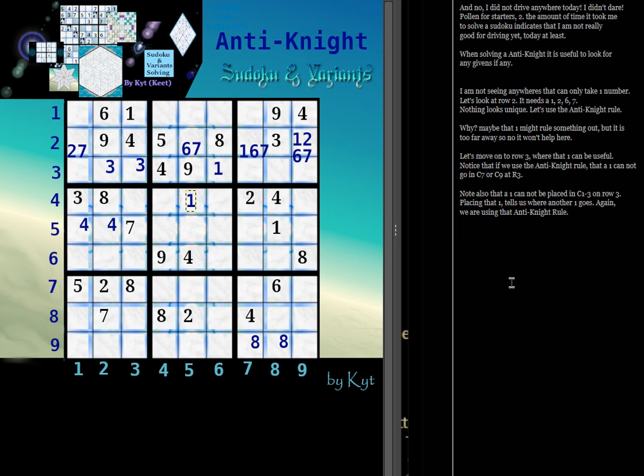Okay. Column 1 needs a 2, 7, 8, and that top 3 by 3 grid.